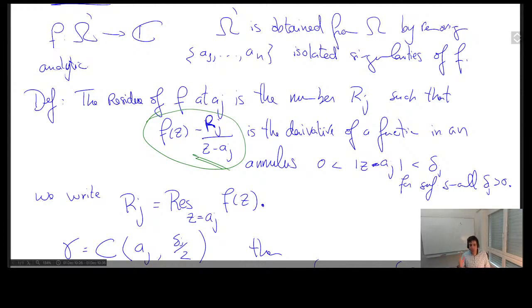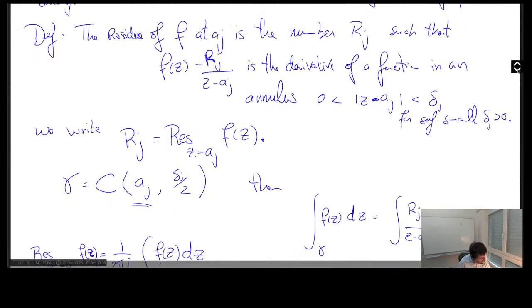The power of this is that it's very easy to compute the residues. You will not need to integrate at all, and then you'll know the value of all the integrals. This is what makes computing integrals extremely easy. So that's a bird's eye view of the core idea.